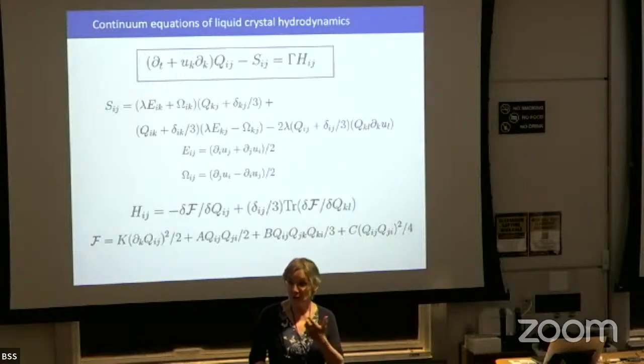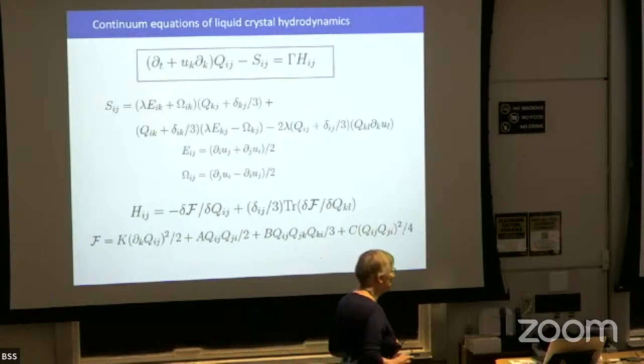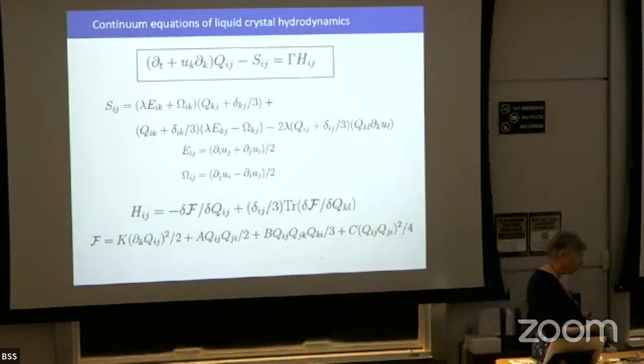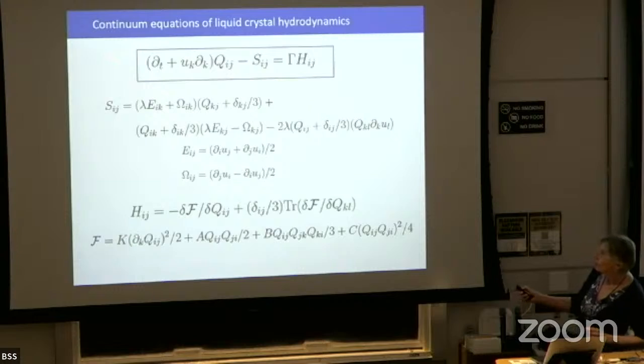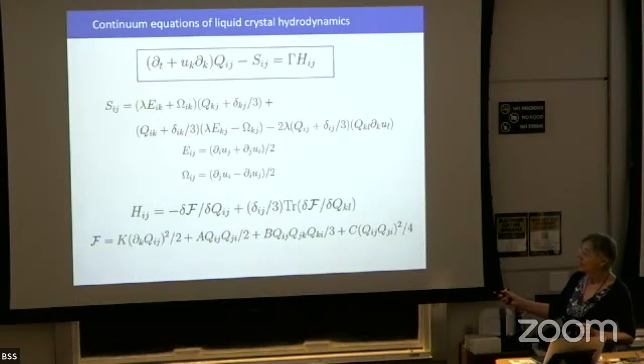So you need an equation for the velocity, but you also need an equation for the order parameter Q. How is Q going to evolve in time? First of all, Q changes in time and also changes locally because it's being advected around with the flow field.